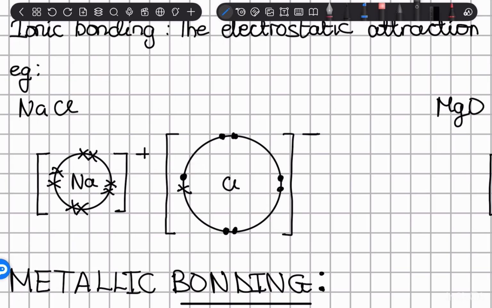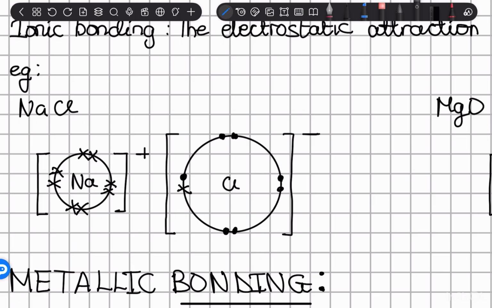Normally you're supposed to draw the valence electron shell. So as you can see, to demonstrate that chlorine took one electron from the sodium, I actually drew the shell of sodium so that you can see that it's the x's that came here.